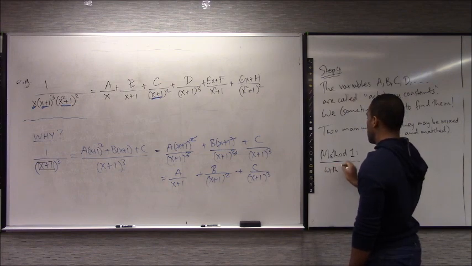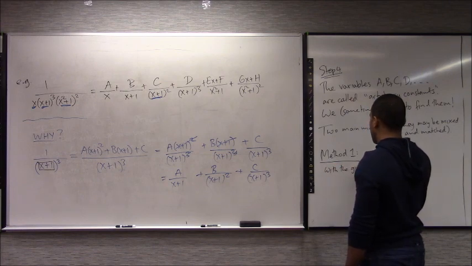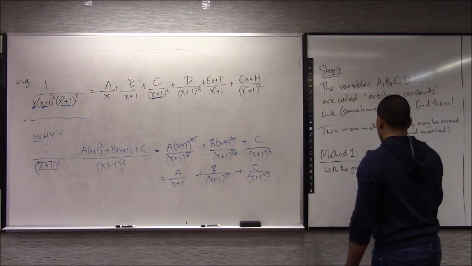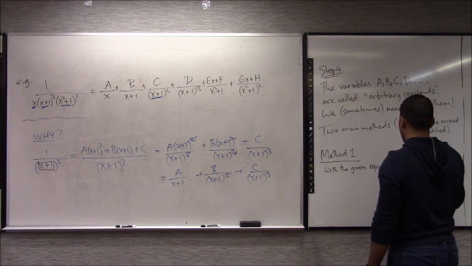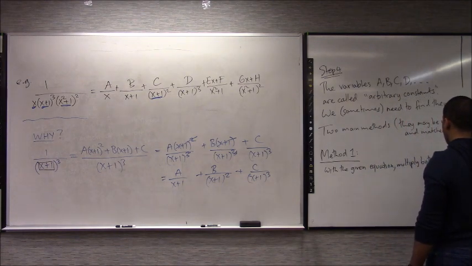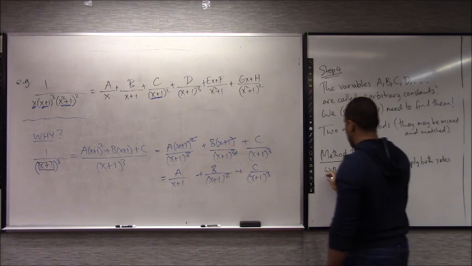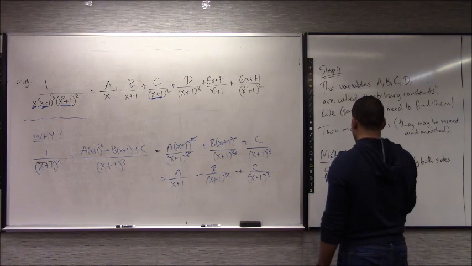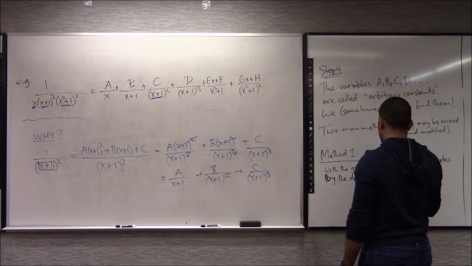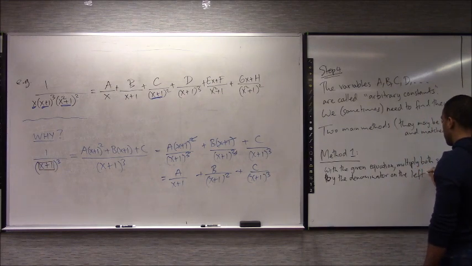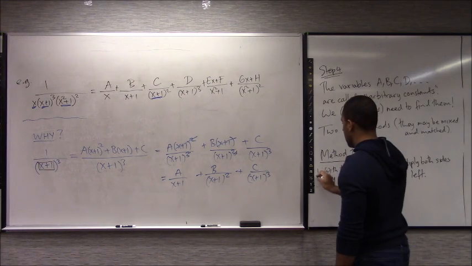With the given, not given, equation, multiply both sides by the denominator on the left. That's step 1, right?